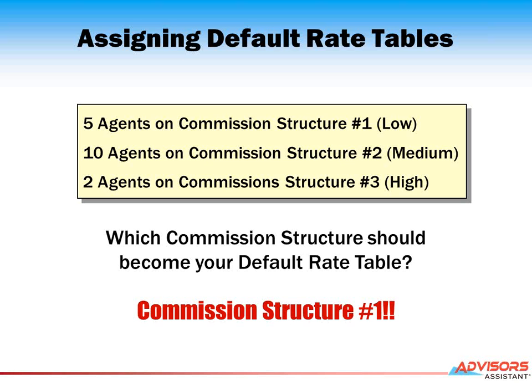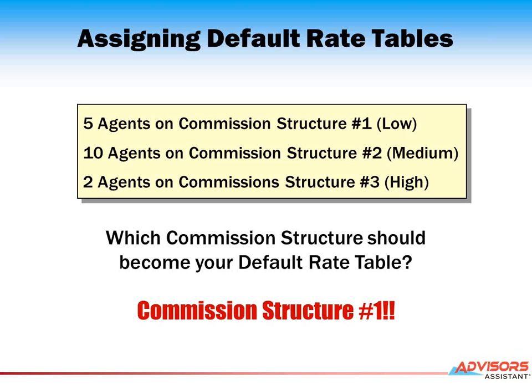If I set up the medium commission structure as the default, which would save me time up front, remember, if you get a new agent, you have to set up a custom table for special circumstances because the default is what is used when it doesn't find a custom table. So what happens if we do number 2 as the default?